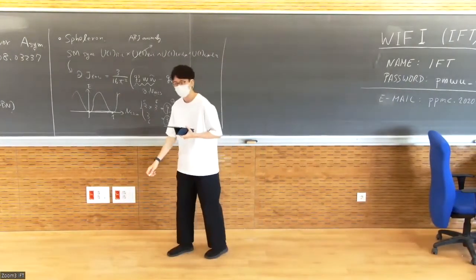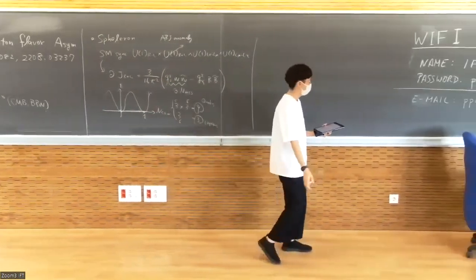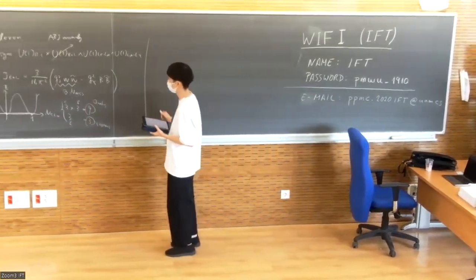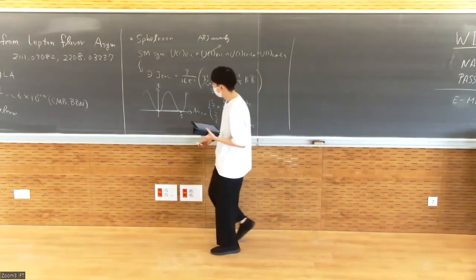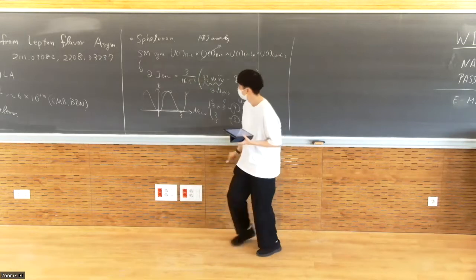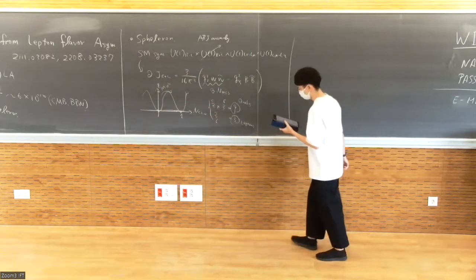But the important thing is that this is a tunneling process. In the current universe, the baryon number should be approximately conserved, and this is guaranteed in the standard model because of the tunneling aspect. But at high temperature, you have thermal fluctuation, which can easily overcome this potential barrier, which is the mass of the sphaleron configuration.